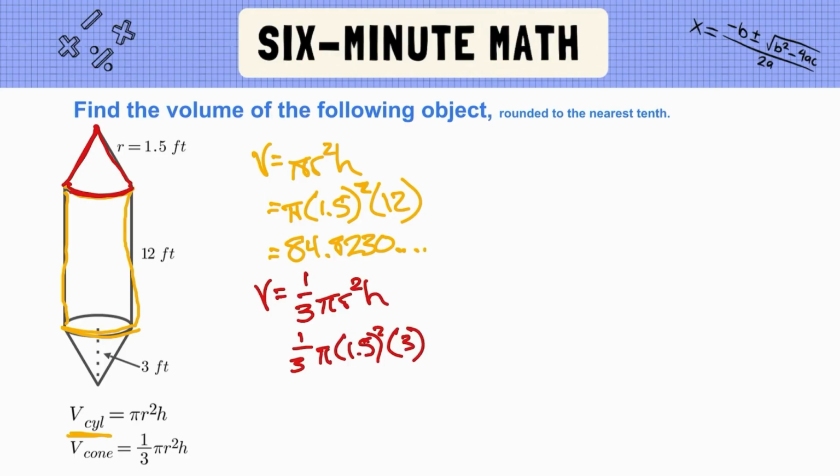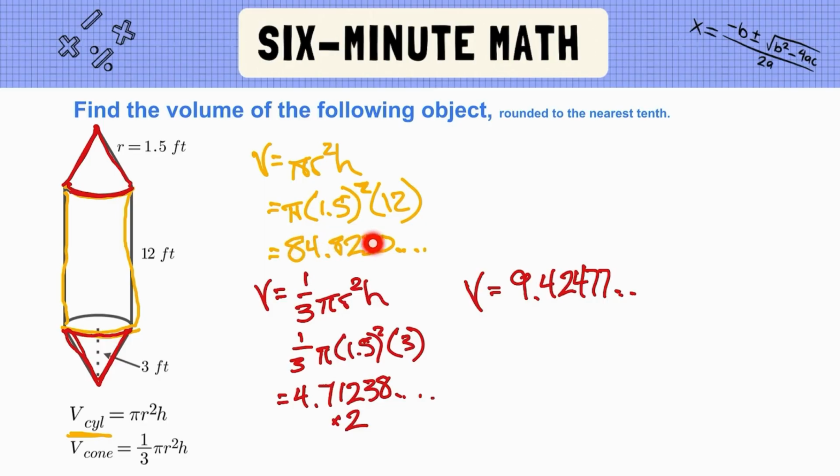One of those cones is going to have a volume of 4.71238. And then I just have to understand that I have two cones, one on the top, one on the bottom. So I'm going to multiply that by 2 for a volume of cones of 9.42477.